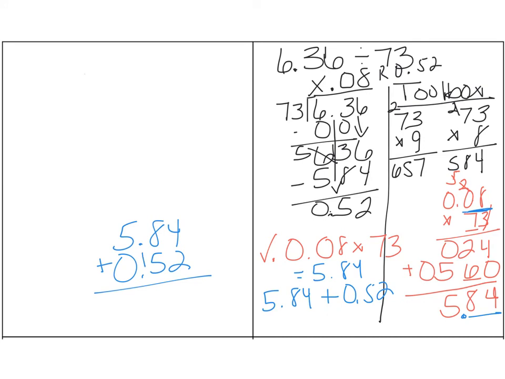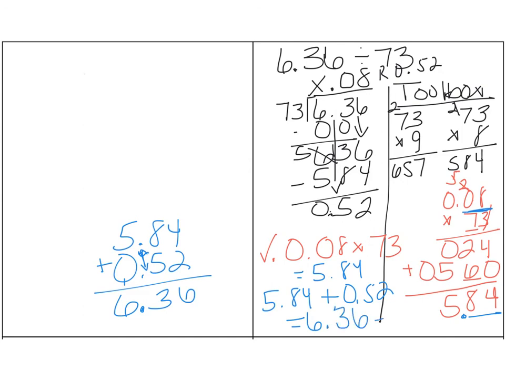Notice I lined up my decimals. 4 plus 2 is 6. 8 plus 5 is 13. Carry the 10. 5 plus 1 is 6. And I bring down my decimal. So equals 6 and 36 hundredths.